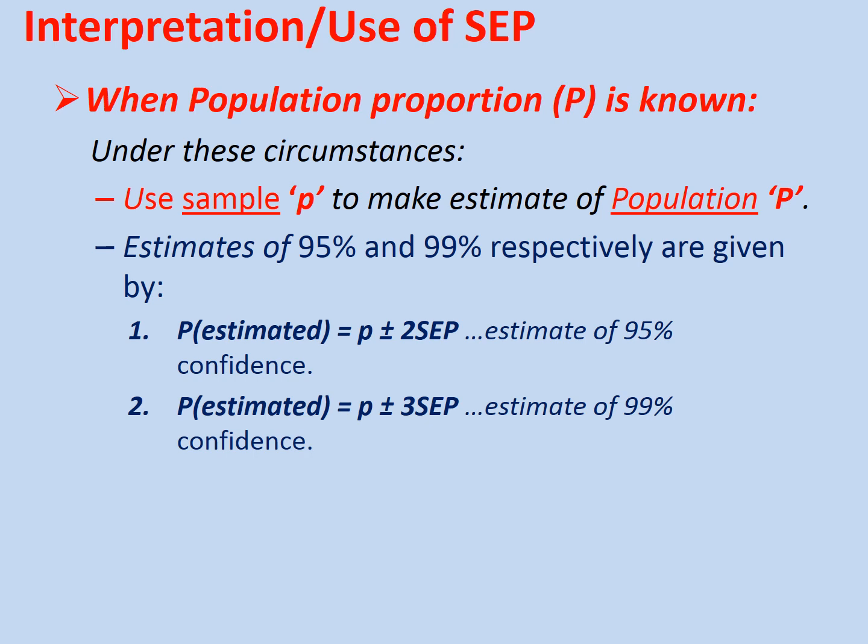If you take sample p plus or minus 2 standard errors of proportion, you can estimate the 95% confidence limit for the population proportion, or capital P. Again, if you apply the 99% confidence limit, you can measure the population P with 99% confidence. So let's understand with the help of a numerical example.